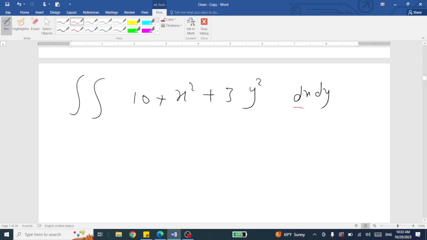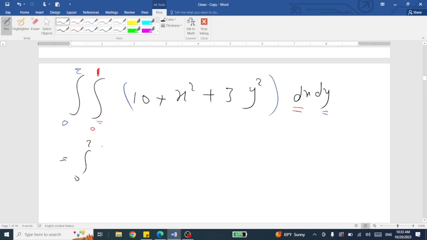When we say dx, here should be what? 0 to 1, boundary of x. So the other is boundary of y, 0 to 2. I saw many mistakes, so please be careful, okay, when you put it.